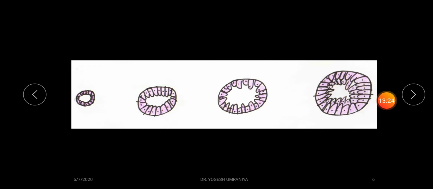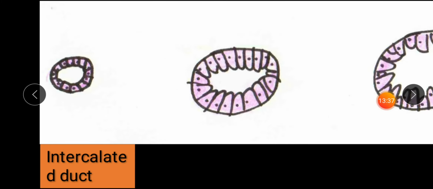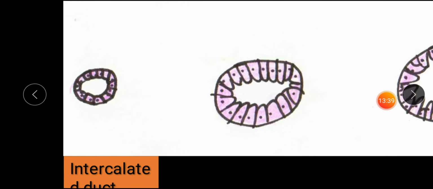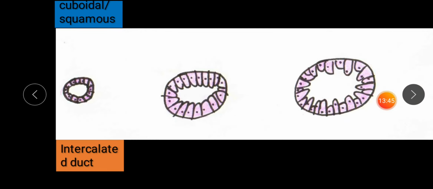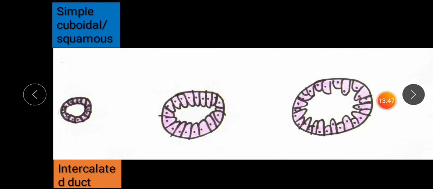Next, you have the sections of the four ducts present within the salivary gland. The first duct is the intercalated duct, and the epithelium of this type of duct has a lining of simple cuboidal or squamous cells.